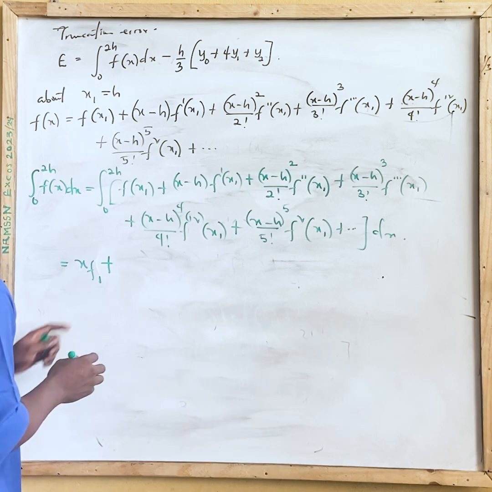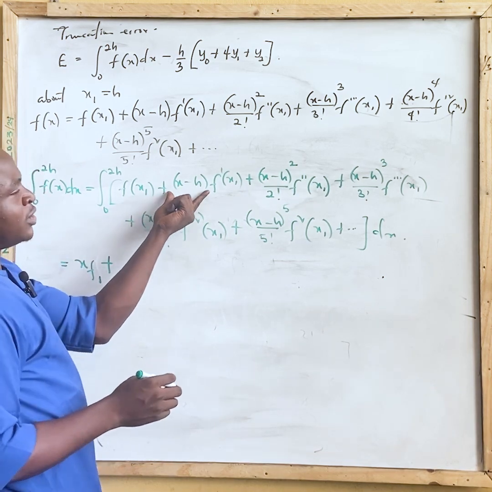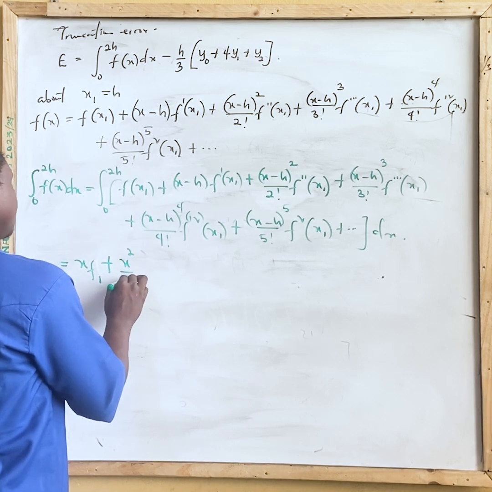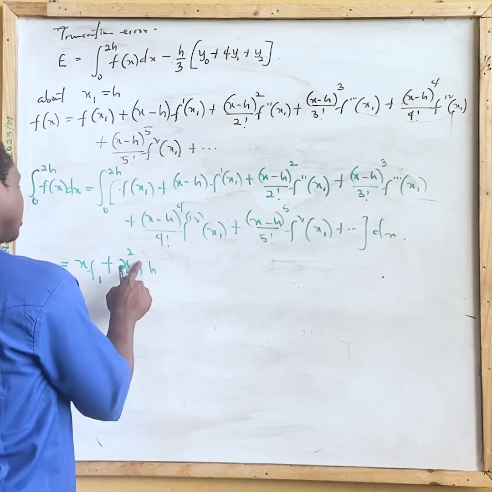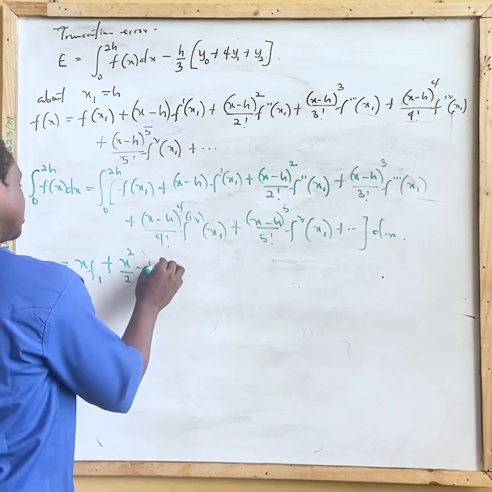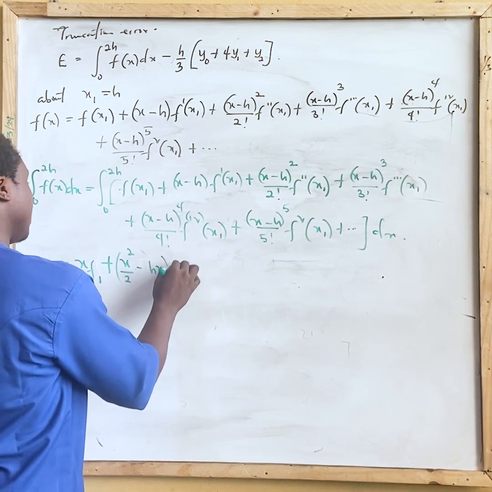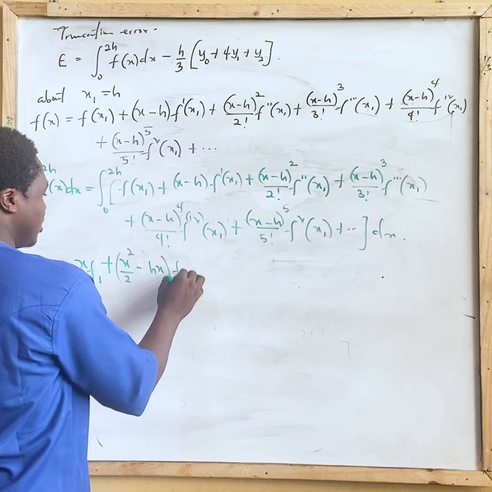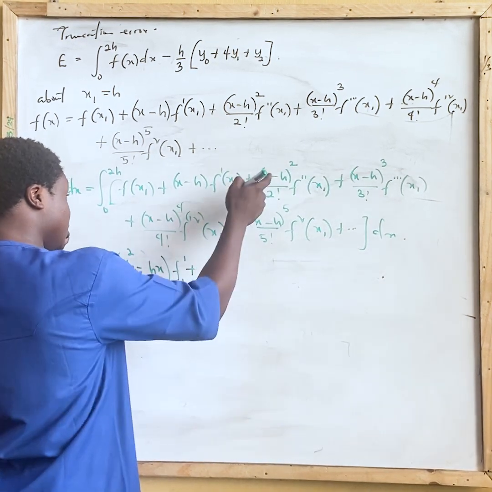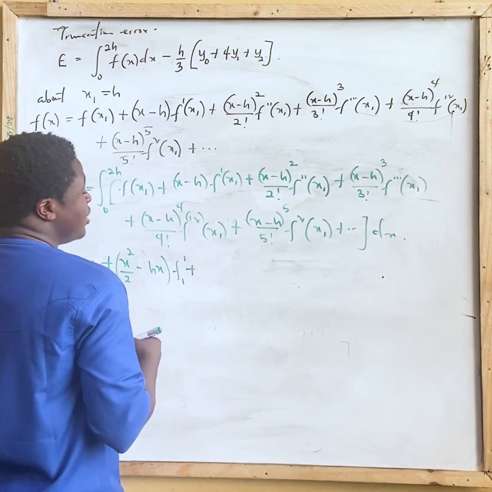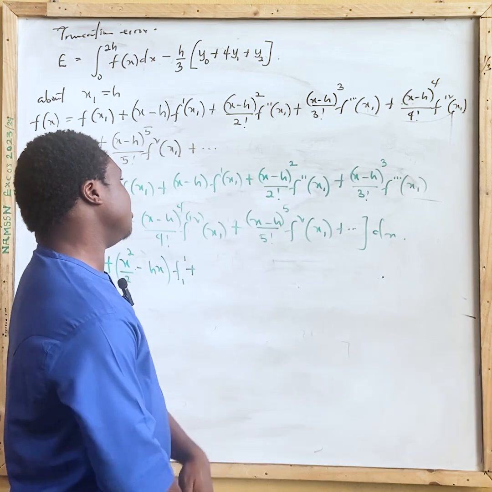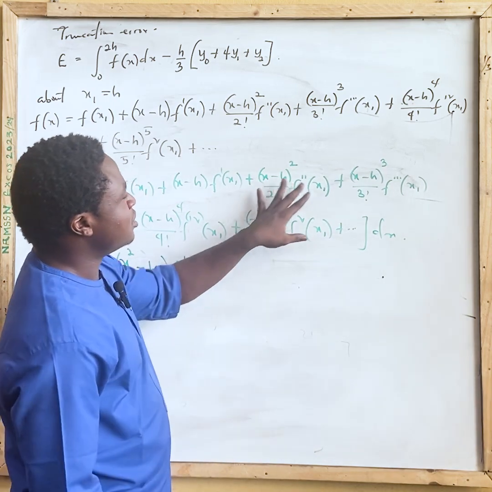Plus, if I integrate this, I'm integrating only these two, so that would be x squared over 2 minus hx, times f1 prime. Plus the next thing. How do I integrate this?